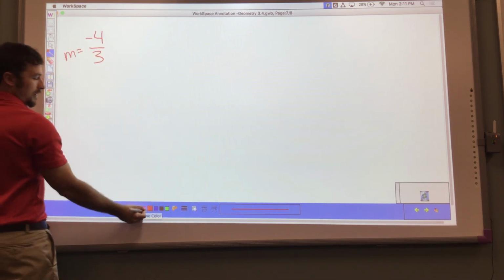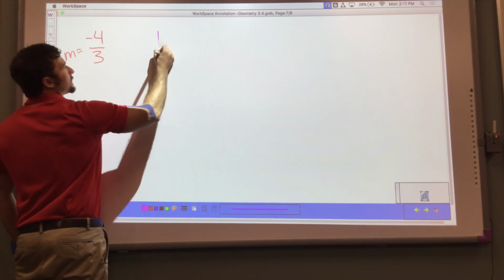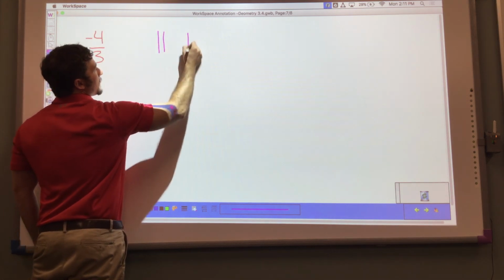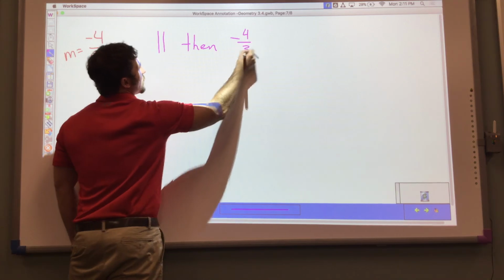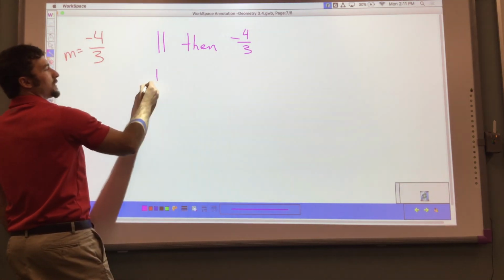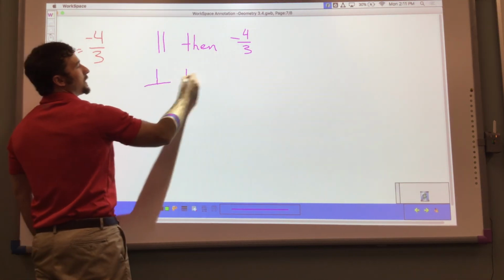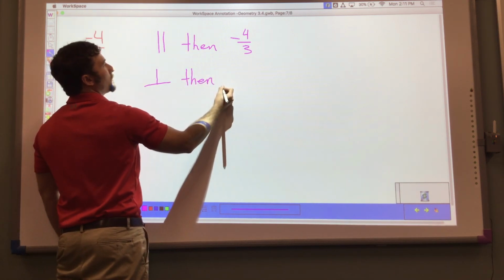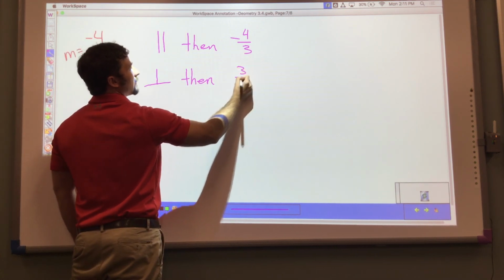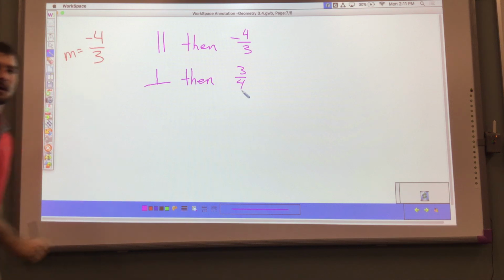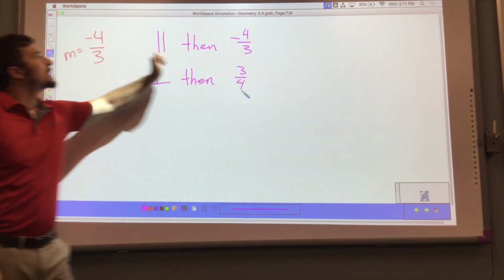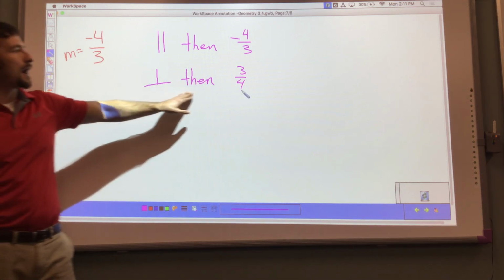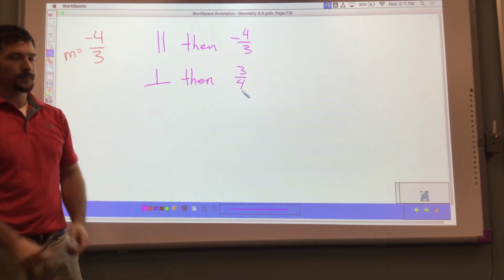If our line's parallel, then that slope is also negative 4 over 3. But if we want the slope of a line perpendicular, then our slope would be positive 3 over 4. So just to reiterate that point: if you're parallel, the slope is the same. If it's perpendicular, we have opposite reciprocals.